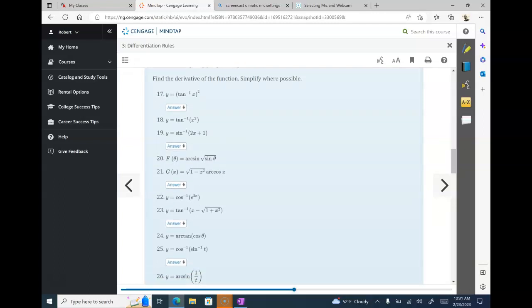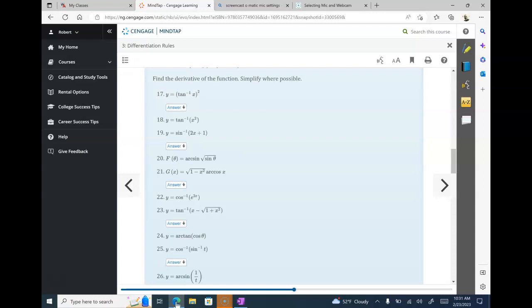Number 17 is a nice one to do. What's the inside function? Arctan or inverse tan, right? They're the same thing, just different notation. I like to write arctan because students get confused with that negative 1 power.